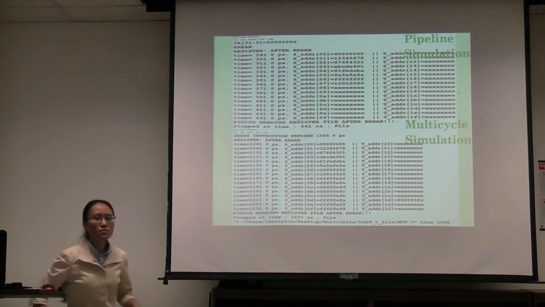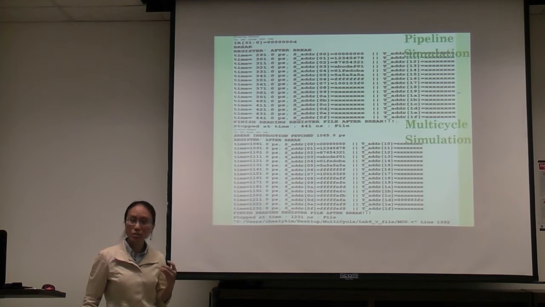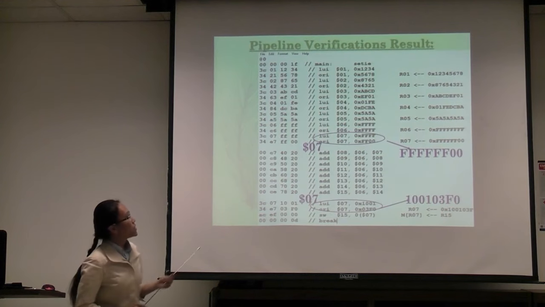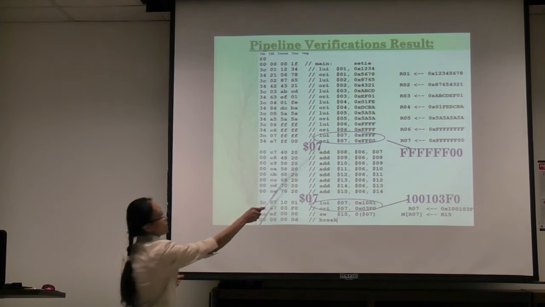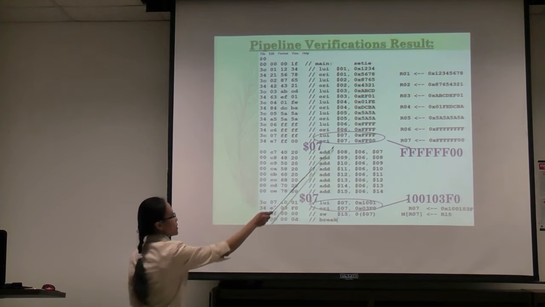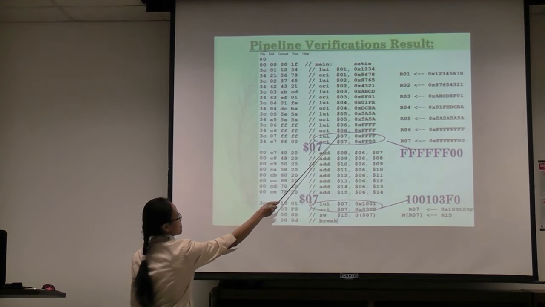And then the problem is the forwarding unit. If you look at this, for this instruction we have the data dependency on 7. This instruction depends on the output from this instruction.